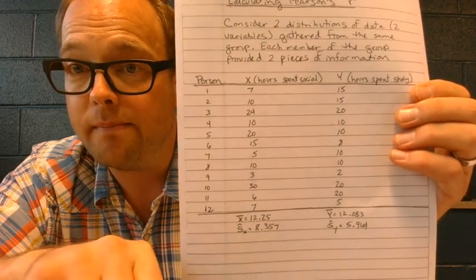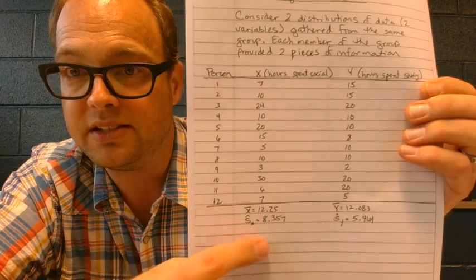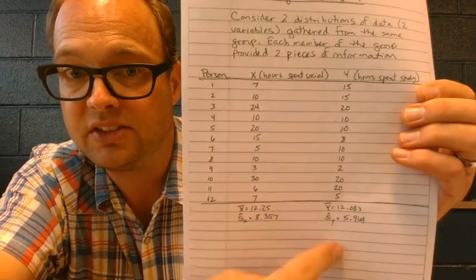Okay? Then, at the bottom of each of these columns of data, hours spent socializing, hours spent studying, you should see the mean for each distribution, each variable, as well as the standard deviation. So for example, for this sample of 12 people, the mean hours socializing is 12.25 hours.